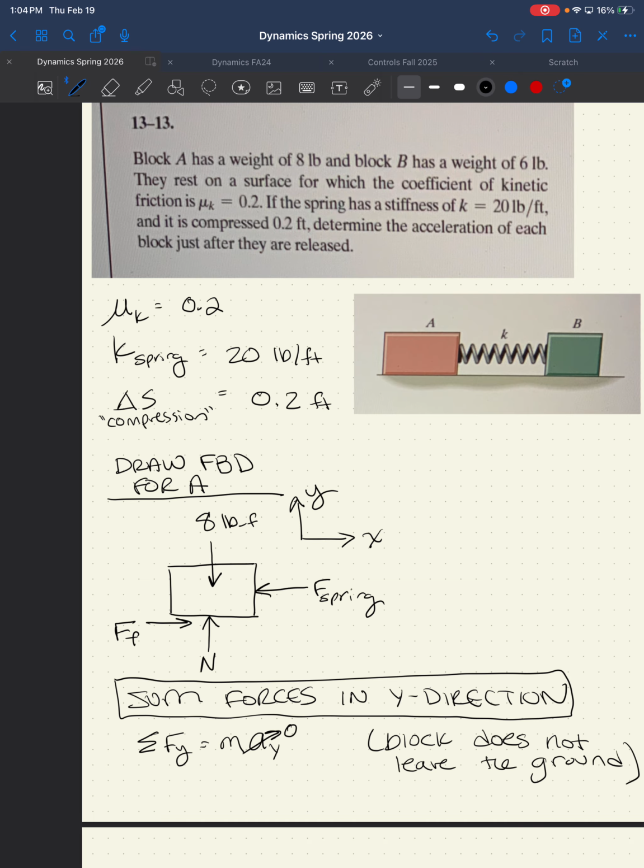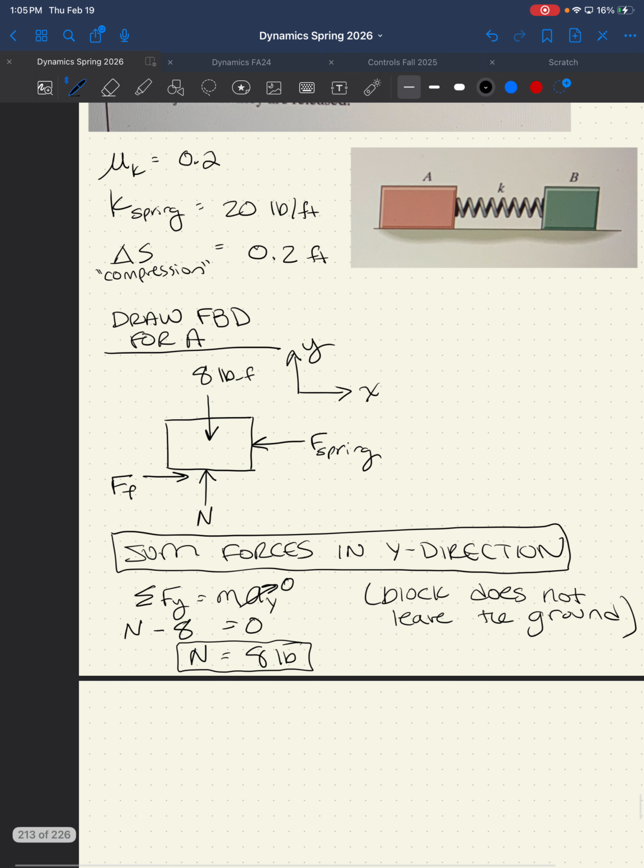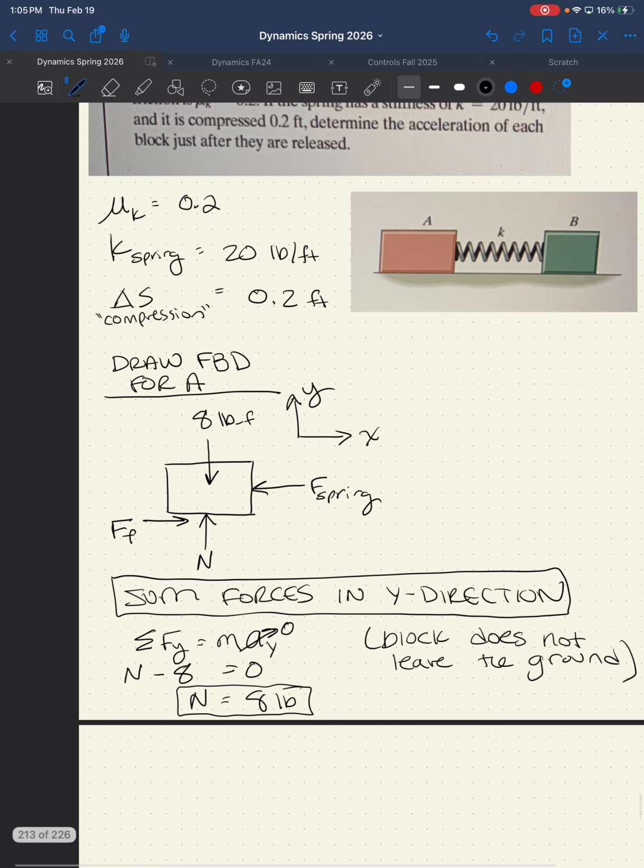I'm going to write it a little bit differently, only because we already have an X direction and a Y direction, and I don't want to mix up what this quantity is. This is not the X position. This quantity that you're multiplying by the spring stiffness is the amount that the spring is stretched or compressed. So this is the compression or the tension of the spring.